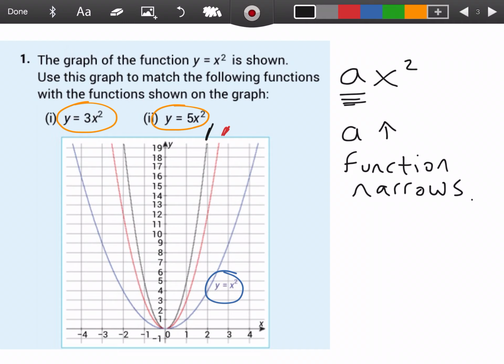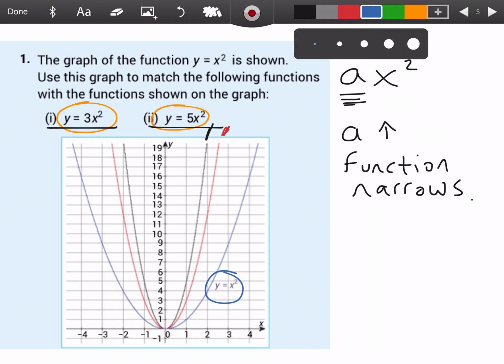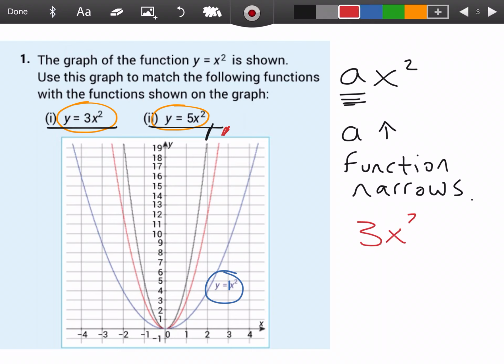So, of the two, part one is 3x squared, part two is 5x squared. They have an increasing a value, because the first one is 1x squared, the blue one. So 3x squared is the next most narrow one, which is going to be the red one. So the red one is 3x squared in this case.